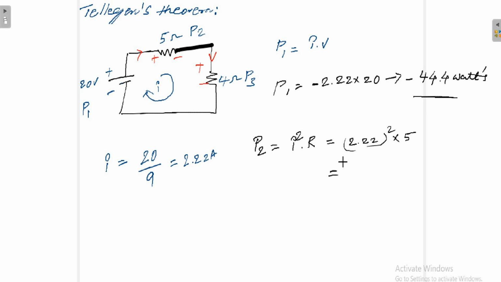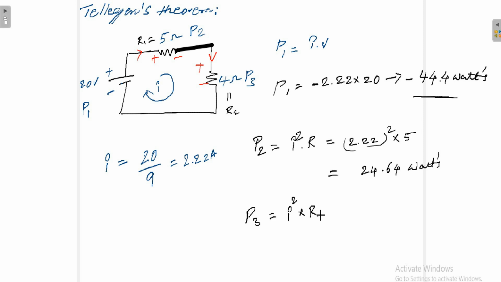So 2.22 squared into 5 gives 24.64 watts. This is an absorbing power. And P3 is again I squared into R. Let us consider this as R1 and this as R2.